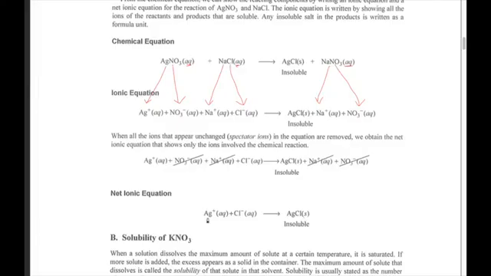And the quote-unquote reactants are actually the ions that make that up. So that's probably a great way to check your work. If you do have a precipitate, your final net ionic equation should only have this precipitate on the product side.